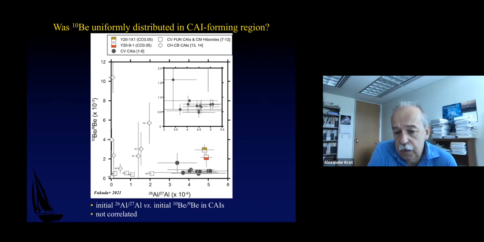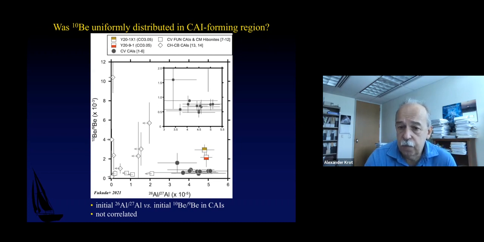As you can see, there is no consistency between the aluminum-26/27 ratio and the beryllium-boron system. There are significant variations in the initial aluminum-26/27 ratio, but almost no variations in the beryllium-10/beryllium-9 ratio. Or in some cases, you have inclusions that have a canonical aluminum-26/27 ratio, but a much higher initial beryllium-boron ratio.